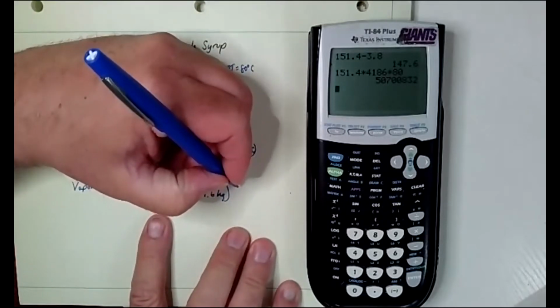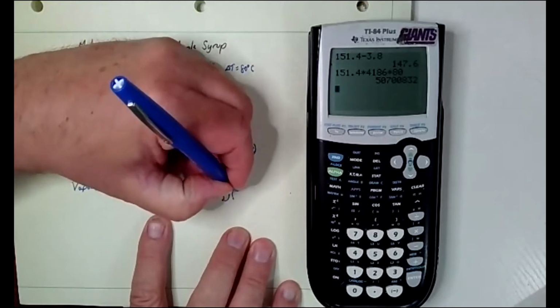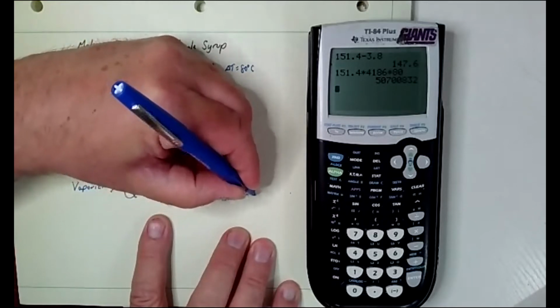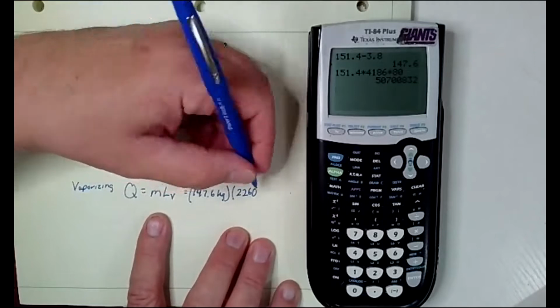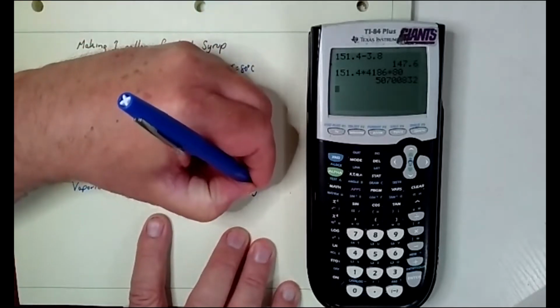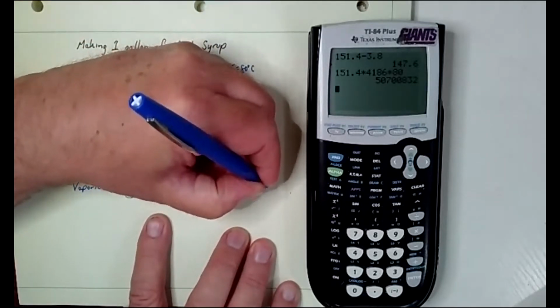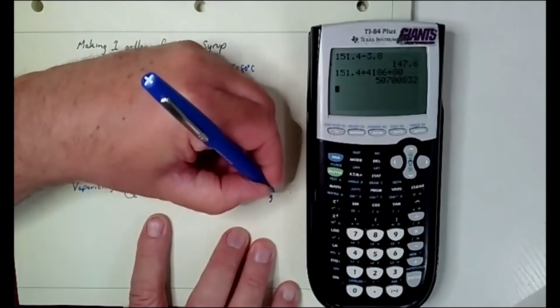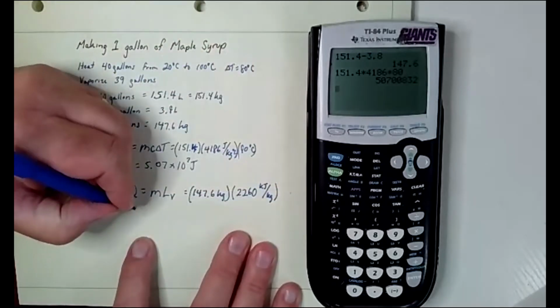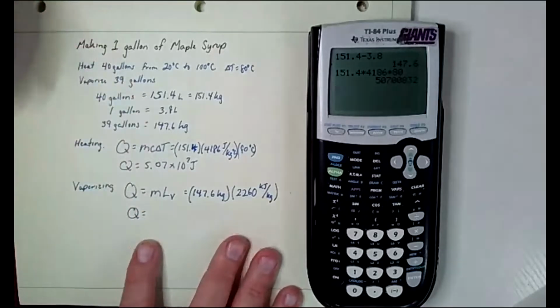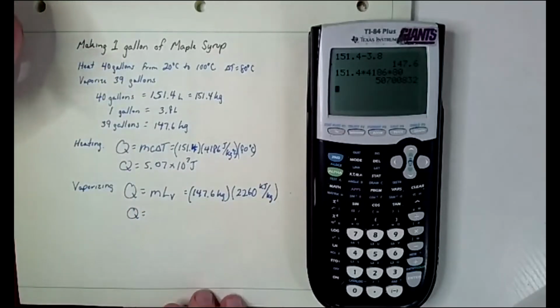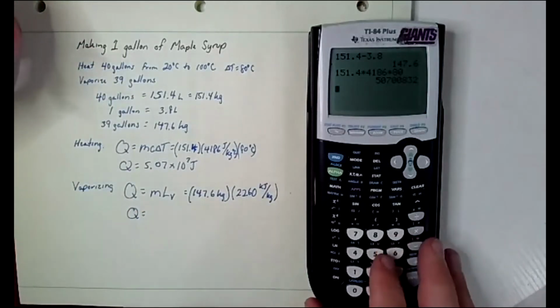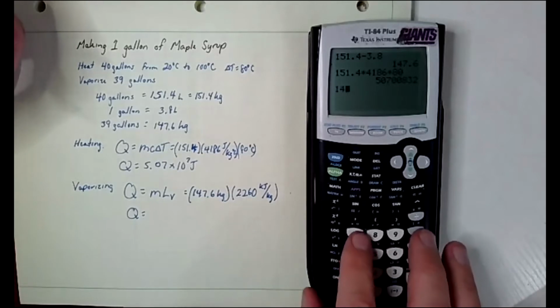When I look it up on that chart that we had before, it's 2260, but I tried to make a big deal about it because for some reason the textbook shifts gears and now reports this out as kilojoules per kilogram. So we have a unit mismatch. If I had tried to do this all in one step, it would have given me a problem.